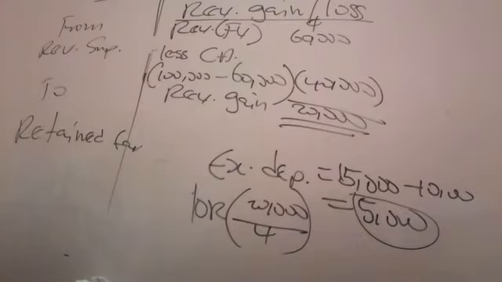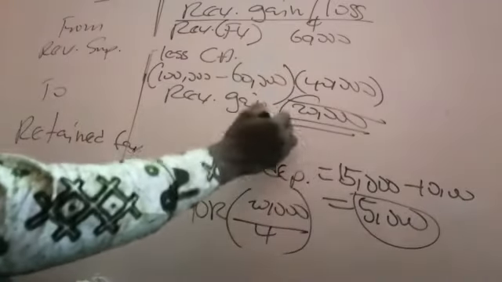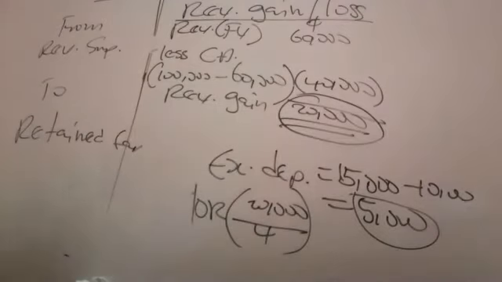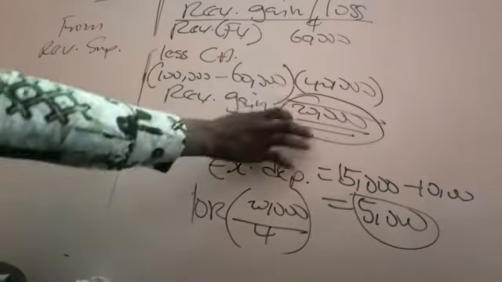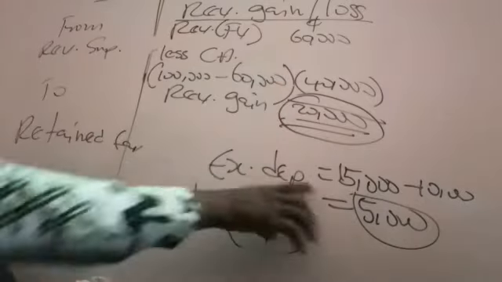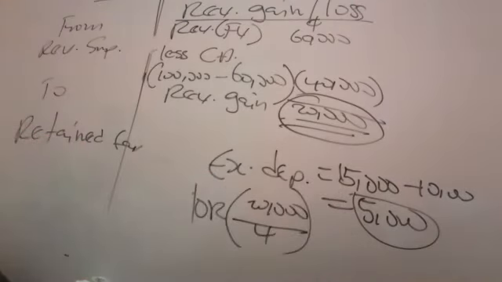Or in short, wherever you record this gain of 20,000, 5,000 must follow. So we deduct 5,000 from this figure, then we add the 5,000 to our profit, because as a result of this gain, we are charging depreciation of 15,000, no longer 10,000. So it has reduced our profit.